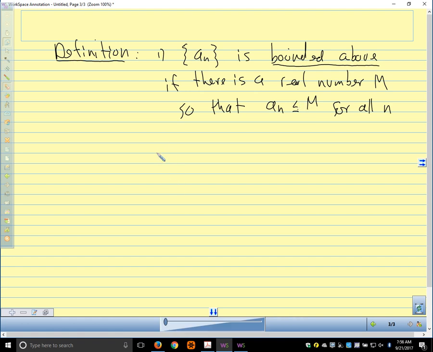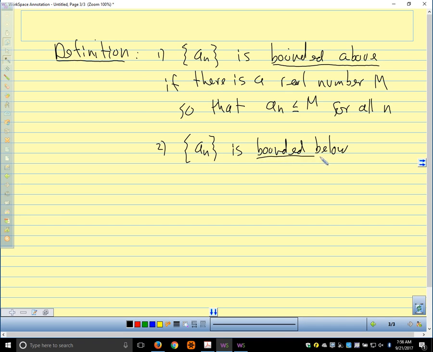Pretty intuitive idea. And bounded below, we just turn that inequality around, basically. And we'll call this number n.